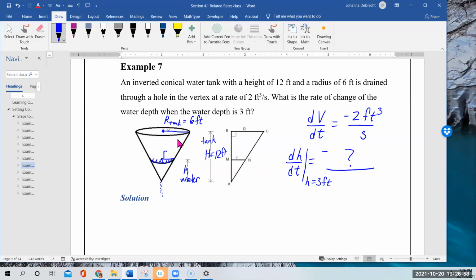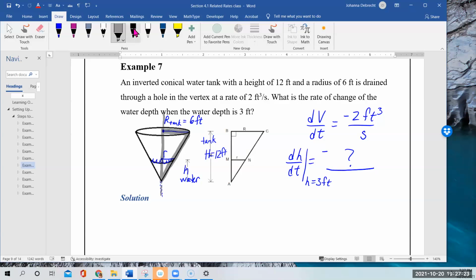If you look at this particular tank and you were to drop a line going through the center of the circle down through the vertex of the point, and then come straight across and straight down the side, you could create a right triangle. That's the right triangle you see over here in the right-hand picture.